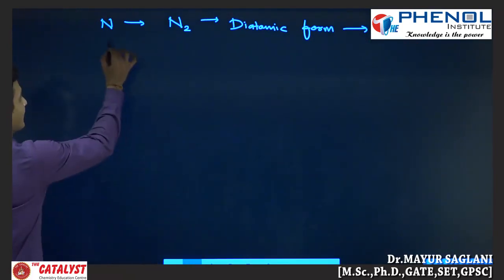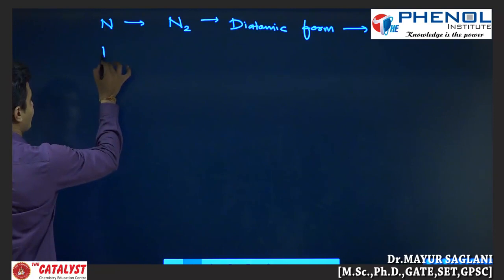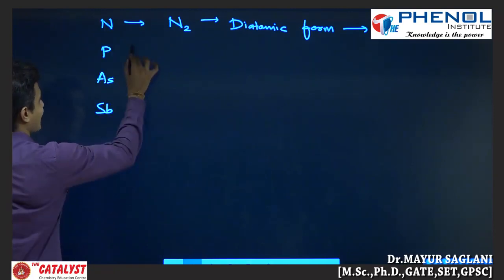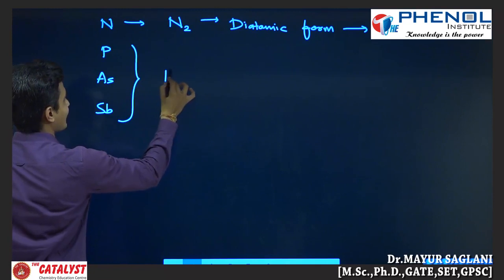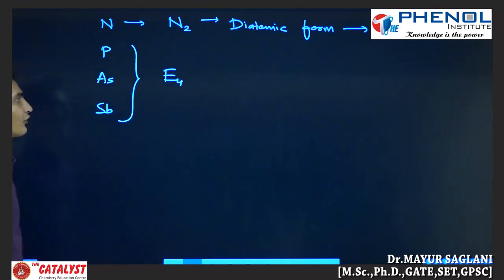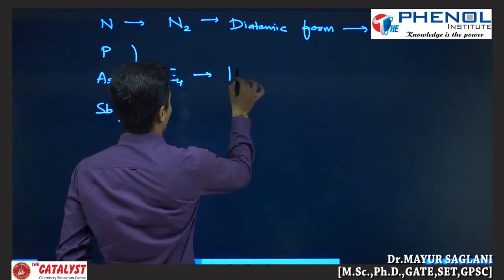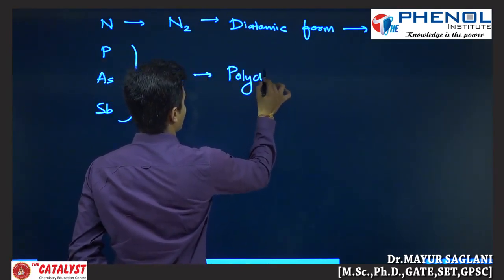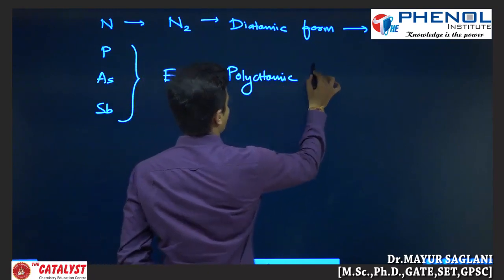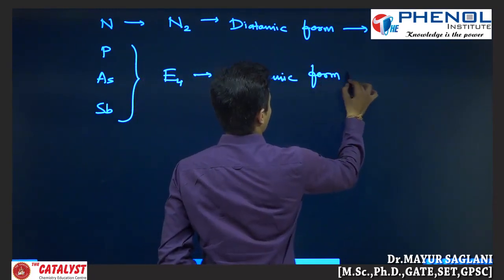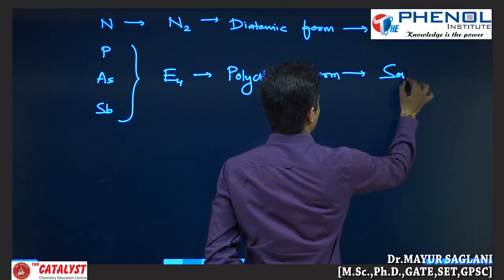Other elements like phosphorus, arsenic and antimony exist as tetra-atomic molecules like P4, As4, Sb4. We can write polyatomic form, and they are in the solid state.